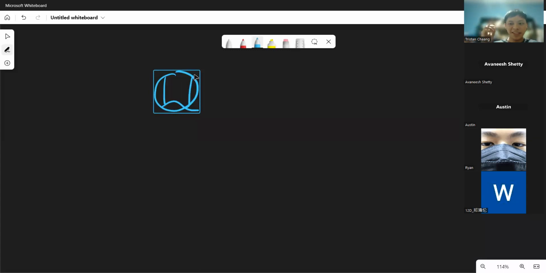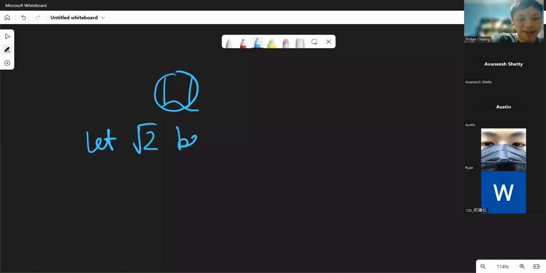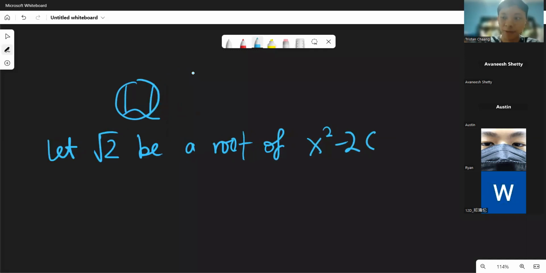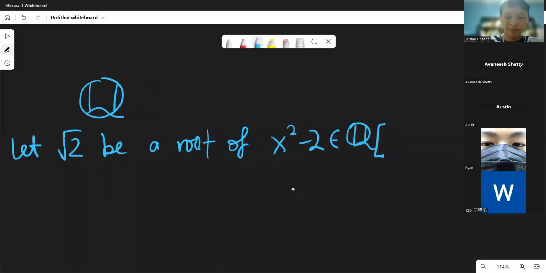But let's say square root 2 is just a symbol, a root of x squared minus 2, which is a polynomial in Q[x]. And this is an irreducible polynomial. You cannot factor this anymore.